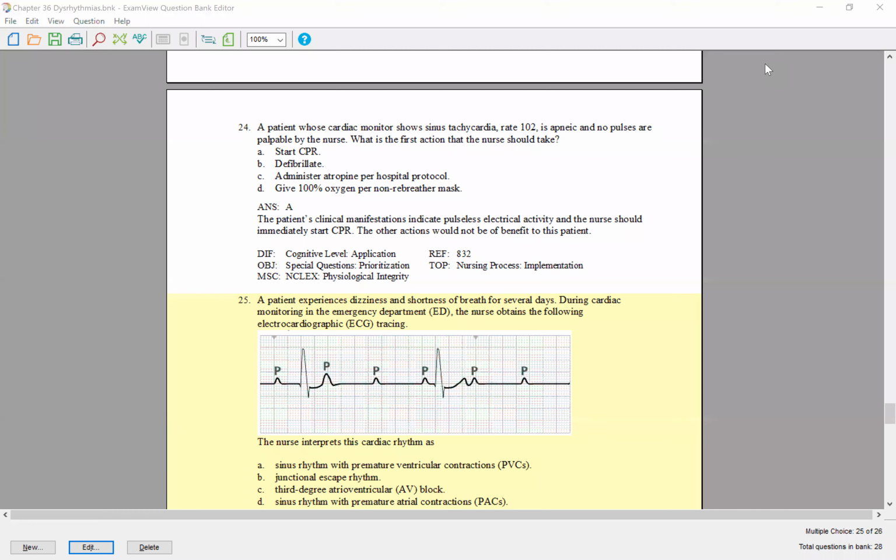Just do this one, because we didn't discuss junctional dysrhythmias. So just the atrial, ventricular, sinus, and heart rhythms, which are also part of, I guess, junctional dysrhythmias.